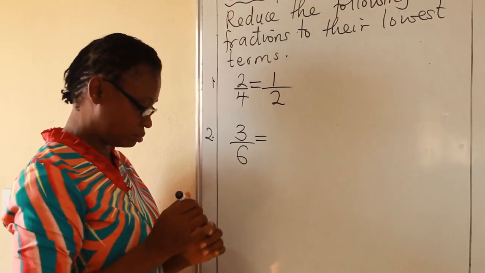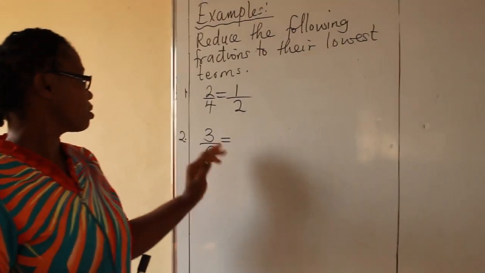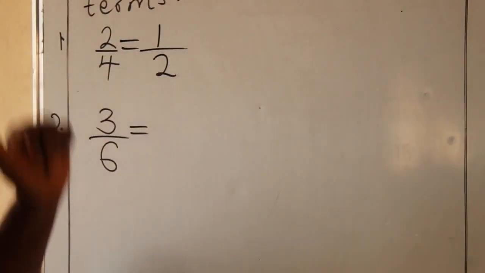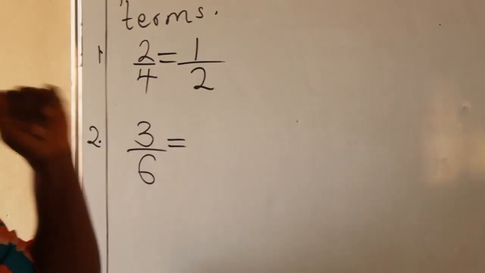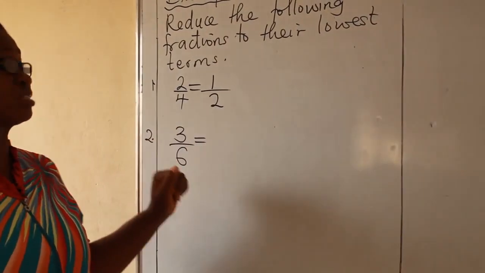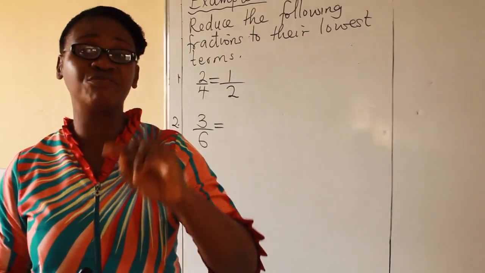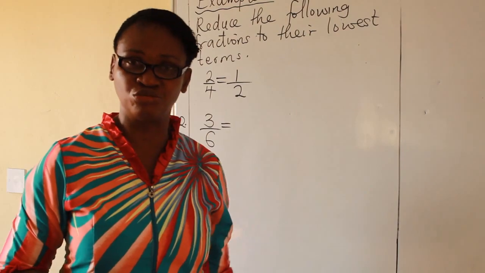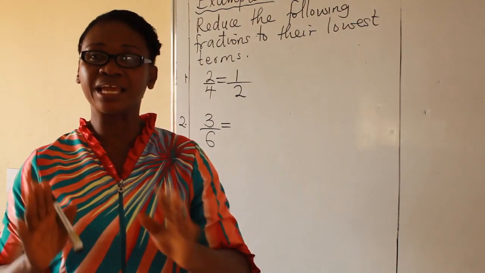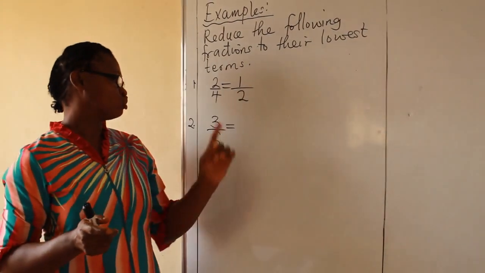3/6. Now, in this case, number one, we say, how many times can you get 2? This one, we cannot say, how many times can you get 2 from 3? Because you cannot divide 3 by 2 and get the exact number. There must always be a remainder. So we use 3.